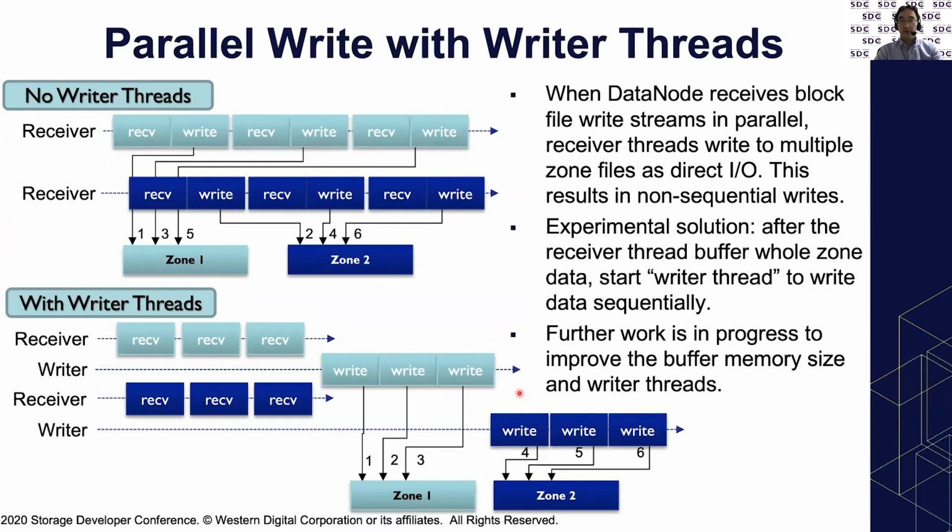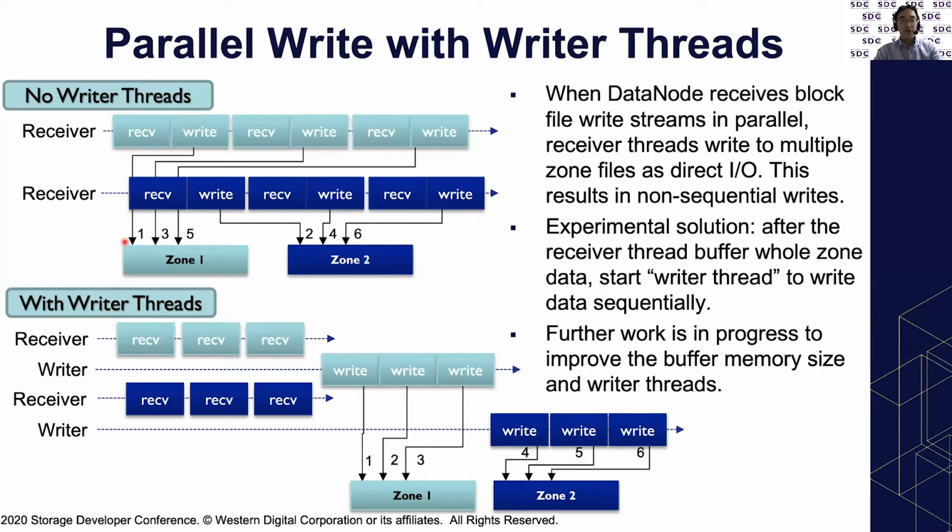Let's say the DataNode receives 2 write streams. This receiver thread receives 1 write stream and then writes to this zone number 1. The other receiver thread receives another write stream and then writes to this zone 2. When this happens in parallel, these 2 threads receive and write data packets alternately, one after another.